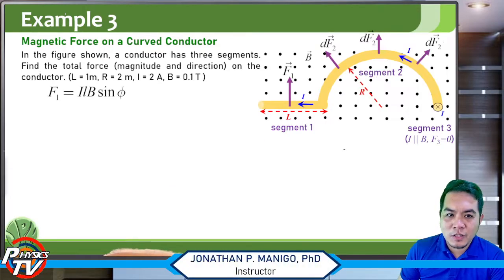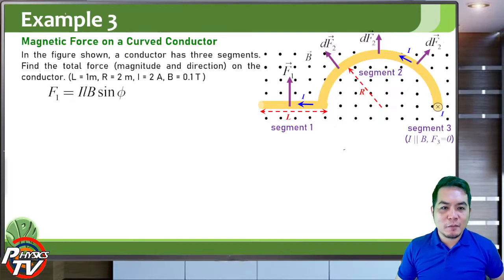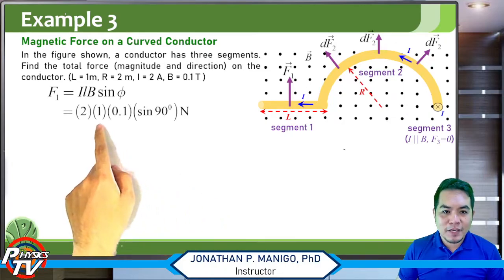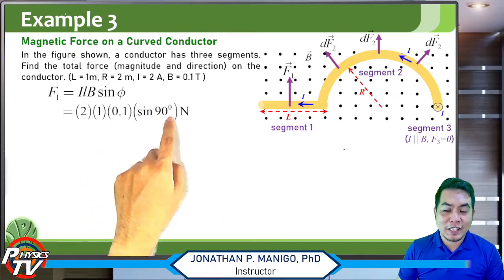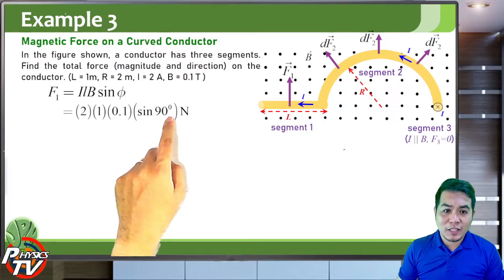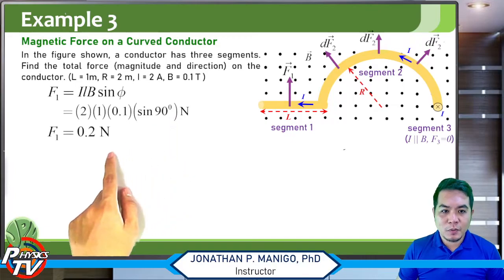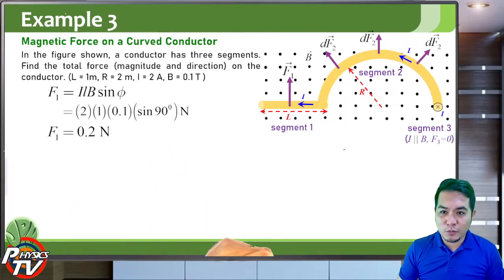For segment 1, it's just ILB sine phi. This is the magnitude. We already know the direction. It's upward. Phi is 90 degrees, obviously. The angle between the current and the magnetic field is 90 degrees. They're perpendicular. So you will get F1 of 0.2 newtons.